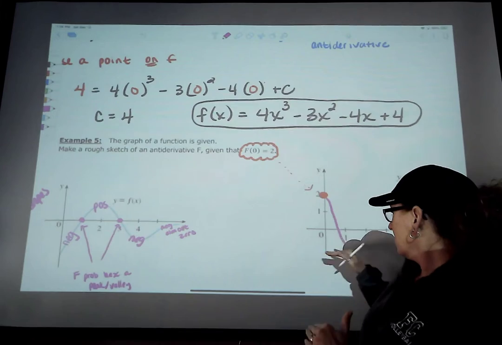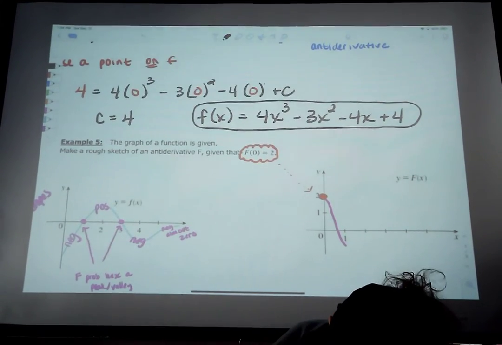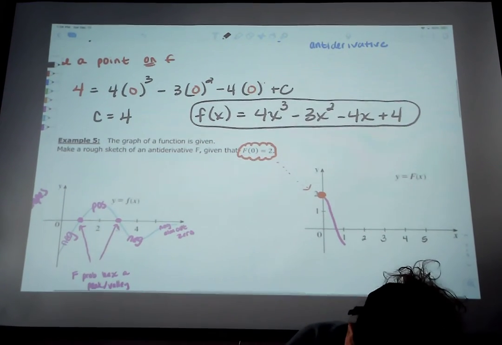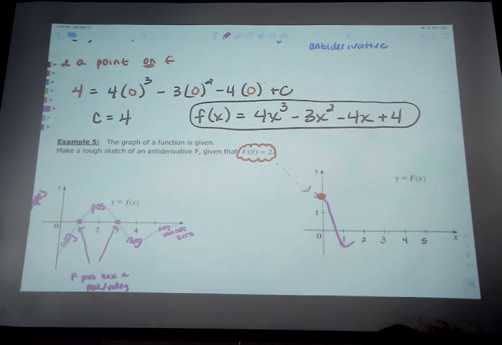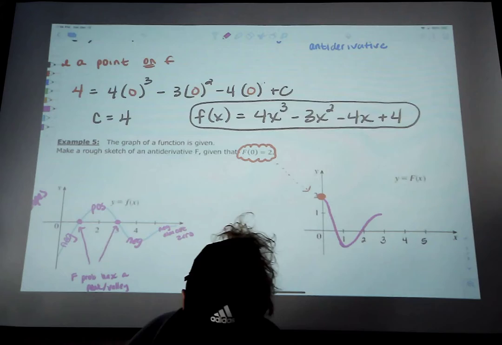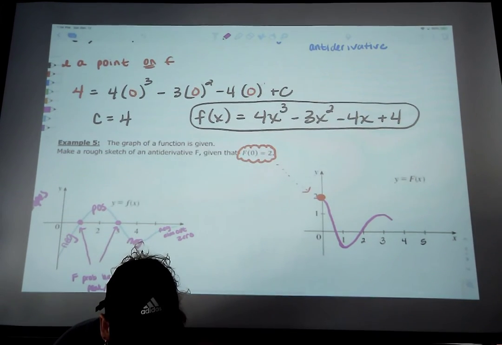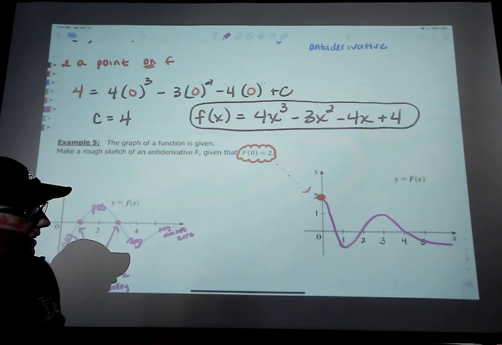And then we're going to have a slope of 0. Increase until x is 3, and then we're going to have a slope of 0. And then we're going to decrease, level out. I don't know where, but I need to show that it's leveling out.